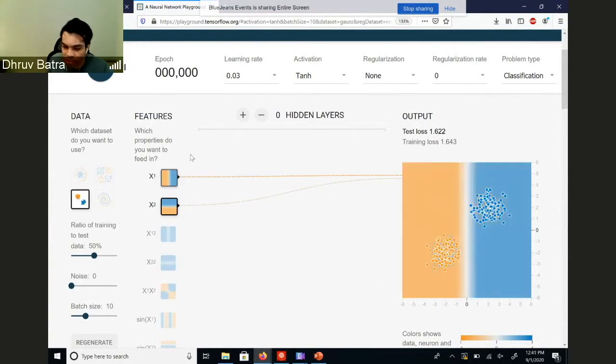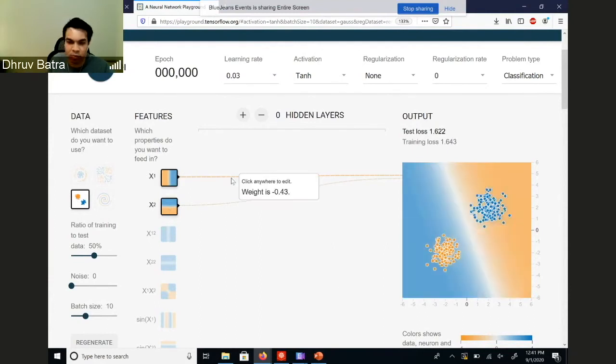We have a fairly simple representation, input x1, x2. X1, notice, is just looking at one of the dimensions. Blue indicates positive values, orange indicates negative values. So this is coordinate number 1, coordinate number 2 visualized. These lines are indicating the strengths of the weights.